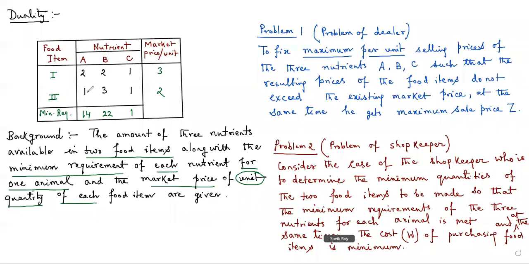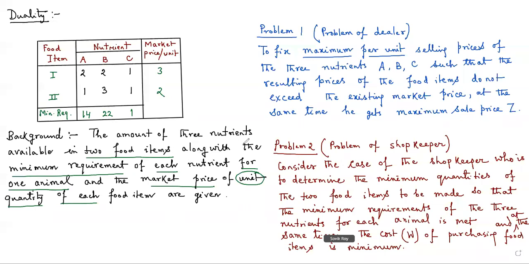And similarly, in food item 2, 1 unit of nutrient A, 3 units of nutrient B, and 1 unit of nutrient C are present. And for an animal, the minimum requirements for these nutrients are as follows: 14 for nutrient A, 22 for nutrient B, and 1 for nutrient C.